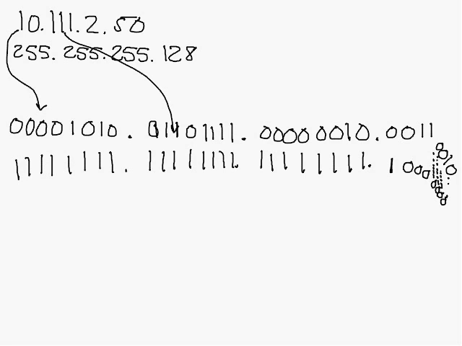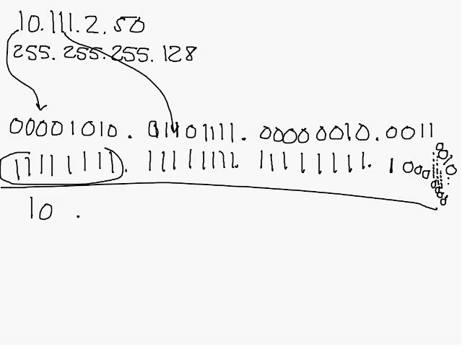Now we're going to AND these numbers together, and we get 10 over here in decimal, because if you AND a number with all ones, you get the original number. Same for the second octet, same for the third octet.